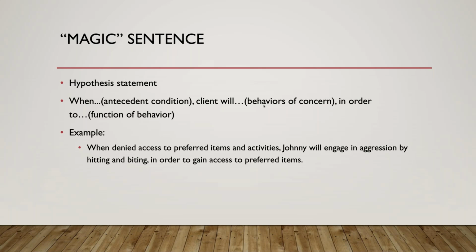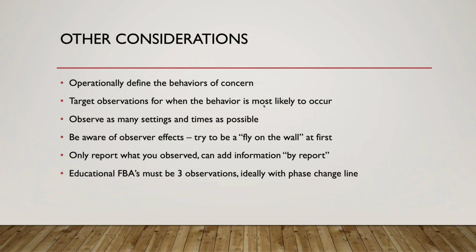And then you observe, and sure enough, whenever Johnny doesn't get his way, whenever he's told no, whenever he's denied access, and he hits and bites, and then you see people giving him all the stuff that he wants. Then at that point, you're probably pretty sure that you have a good hypothesis and that you're onto something with the function of behavior. If anything doesn't line up, then you need to go on and more directly change what's going on and see if you can get more information by doing more of a functional analysis.